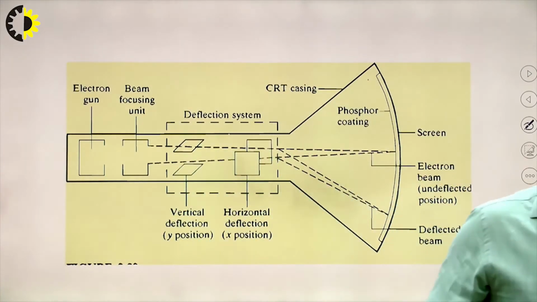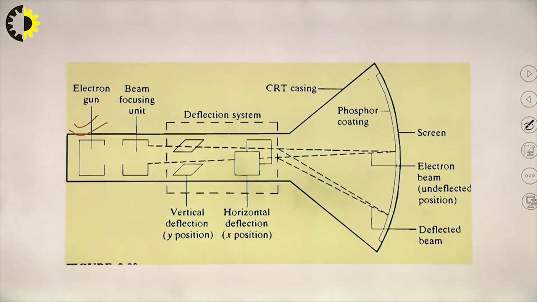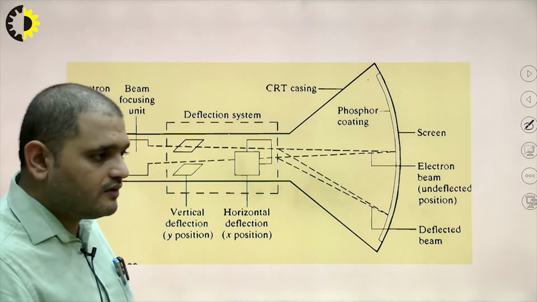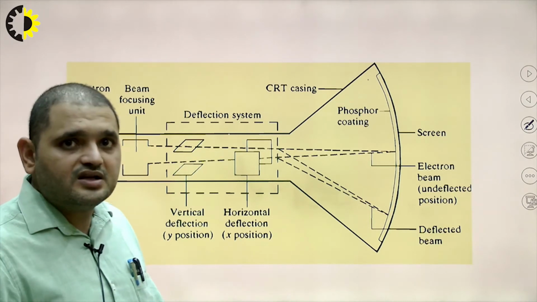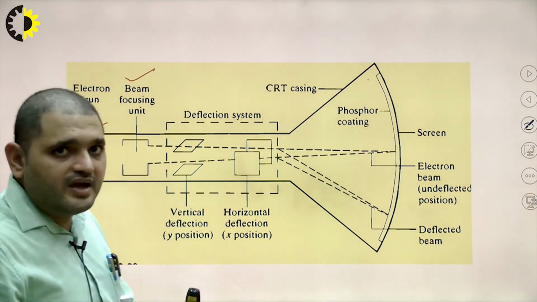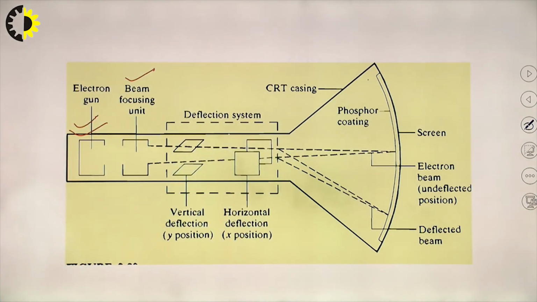You can see an electron gun is present here, from which electrons are generated, and once the electrons are generated, they are focused. A beam is generated with the help of a beam focusing unit. Then we have a deflection system, vertical and horizontal.